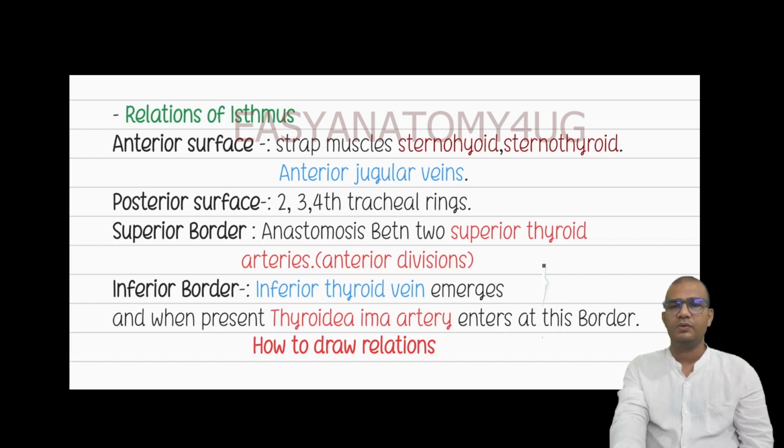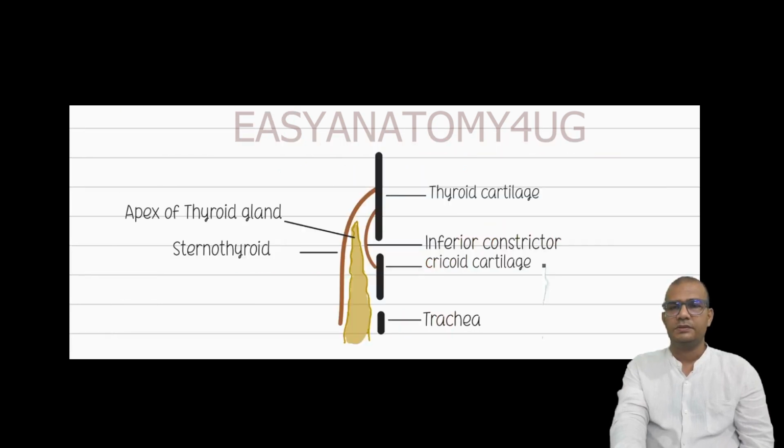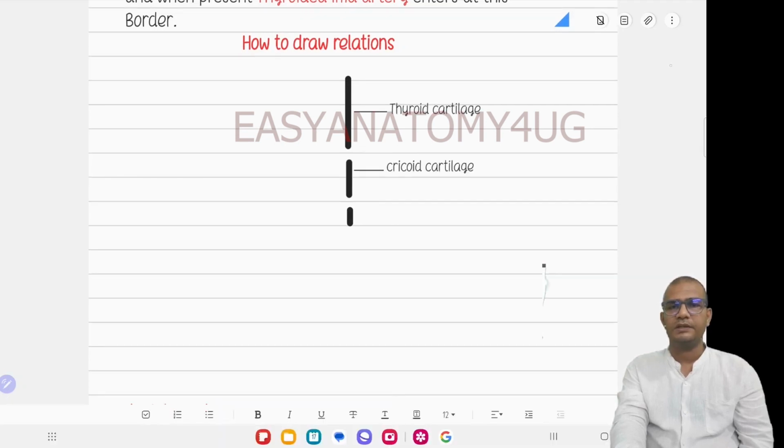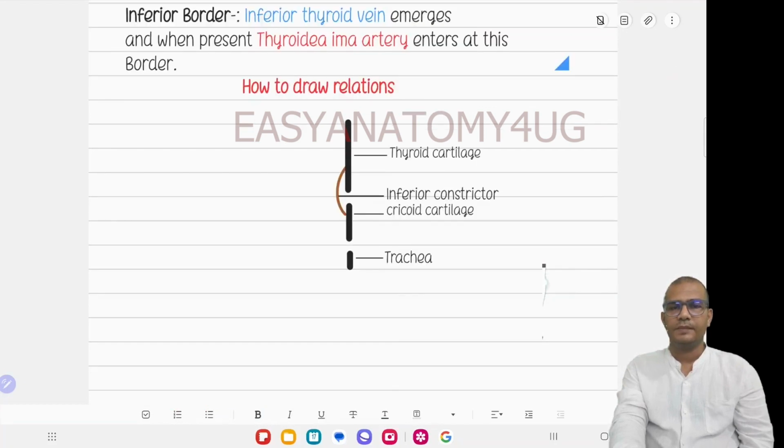Now we will see how to draw these relations. So this is the diagram to show the relations of the apex of thyroid gland. We will see how to draw this diagram. This is the schematic diagram to show the thyroid cartilage, cricoid cartilage, and the tracheal ring. From the thyroid cartilage and cricoid cartilage, show the origin of the inferior constrictor muscle.